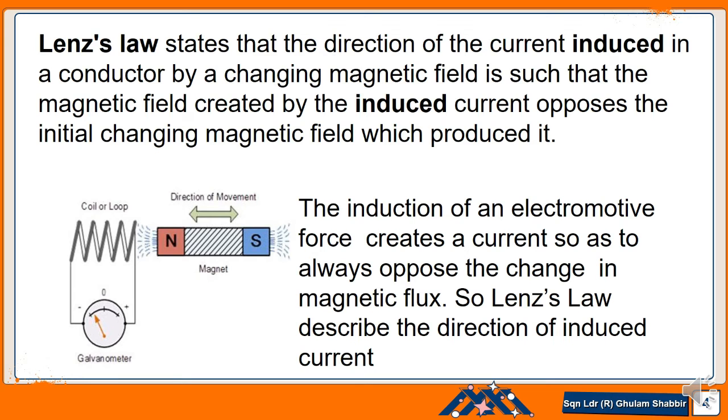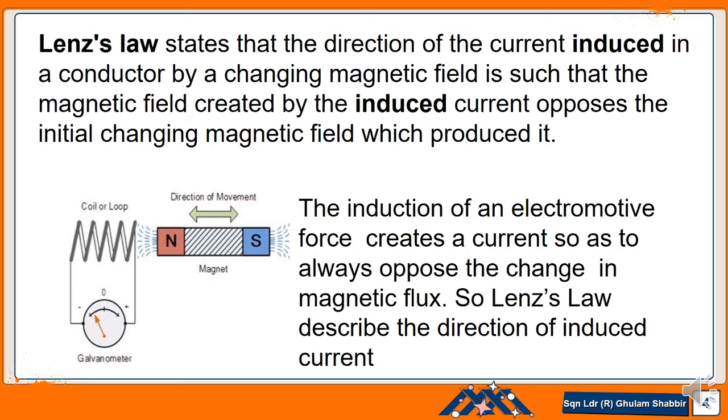For example, if the magnet bar is moving towards the coil, the north pole is moving towards the coil, then there must be a north pole on the front, so that the magnet bar motion should be opposed. And when the bar is moving away, so the north pole is moving away, on the front there should be a south pole, so that it can try to stop the motion.